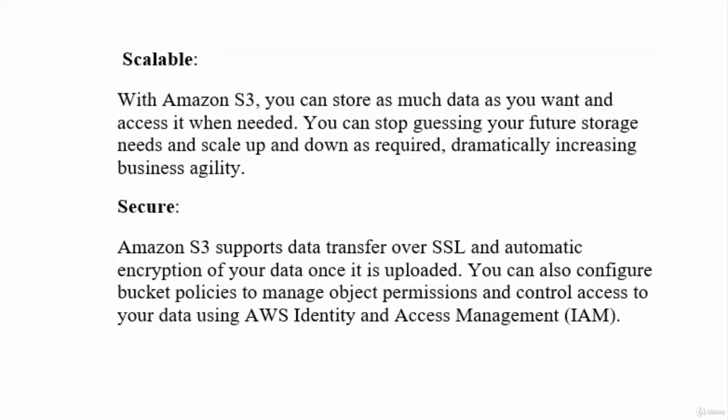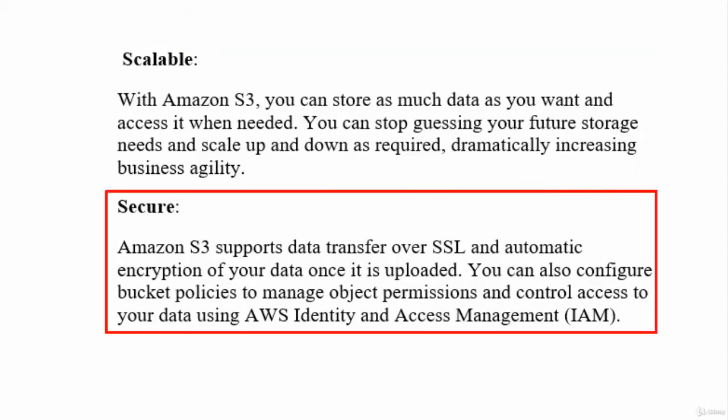The next feature is security. Amazon S3 supports data transfer over SSL and automatic encryption of your data once it is uploaded. That means it's highly secure, and you don't have to worry about your data, and all the encryption and SSL, everything will be taken care of by Amazon S3.